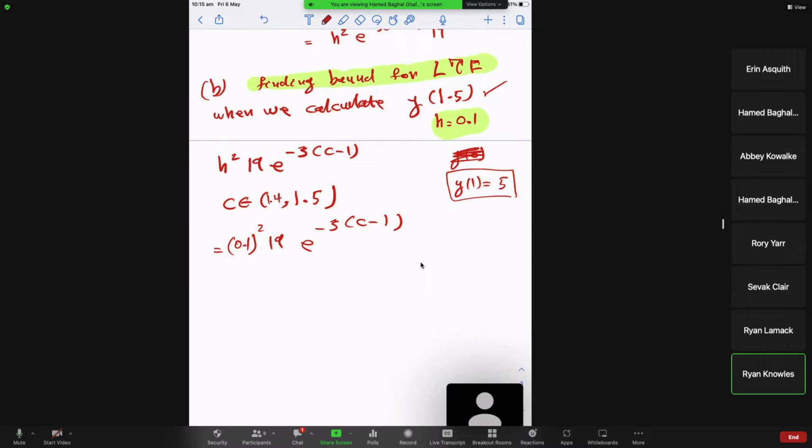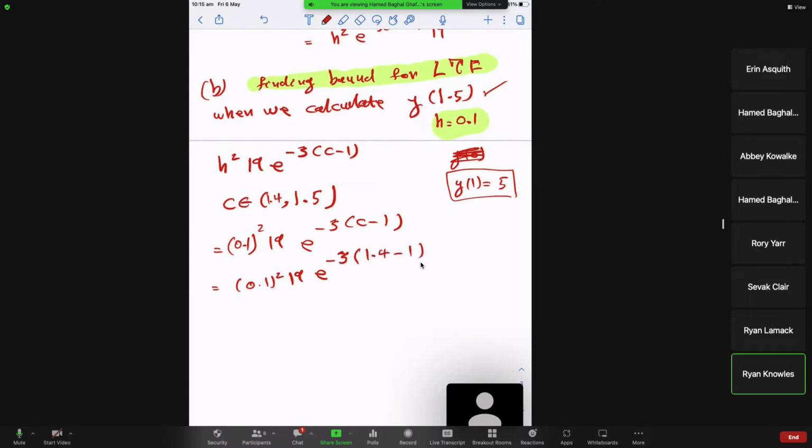The exponential is a decreasing function here because the exponent has a negative sign. So 0.1 squared times 19 exponential of minus 3 times (1.4 minus 1).